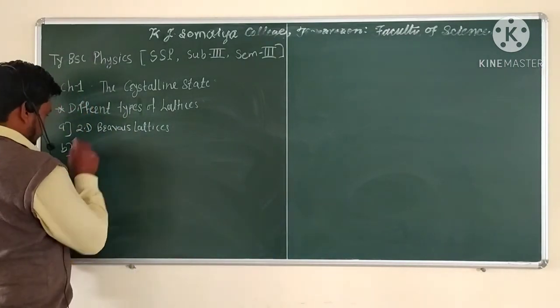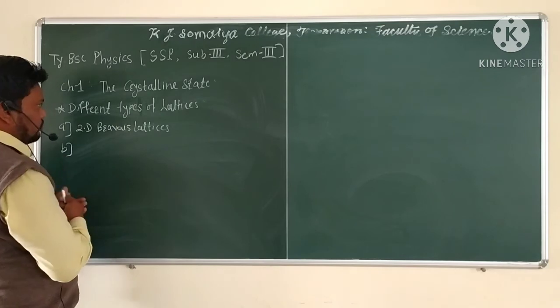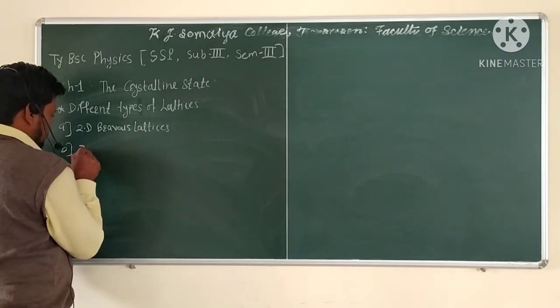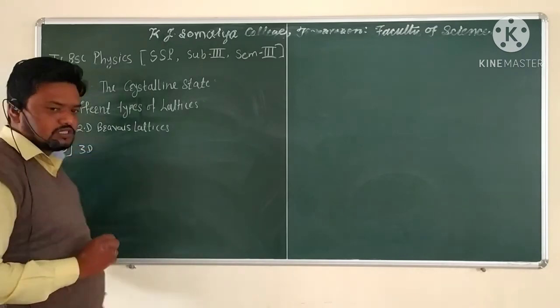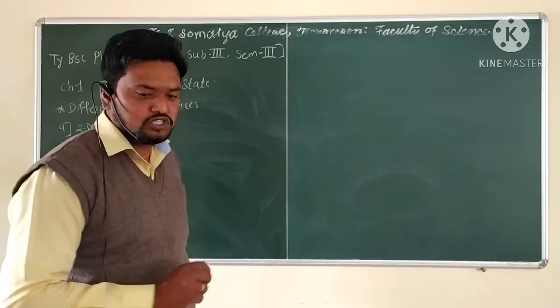And the second main type of lattice is the three-dimensional lattice.